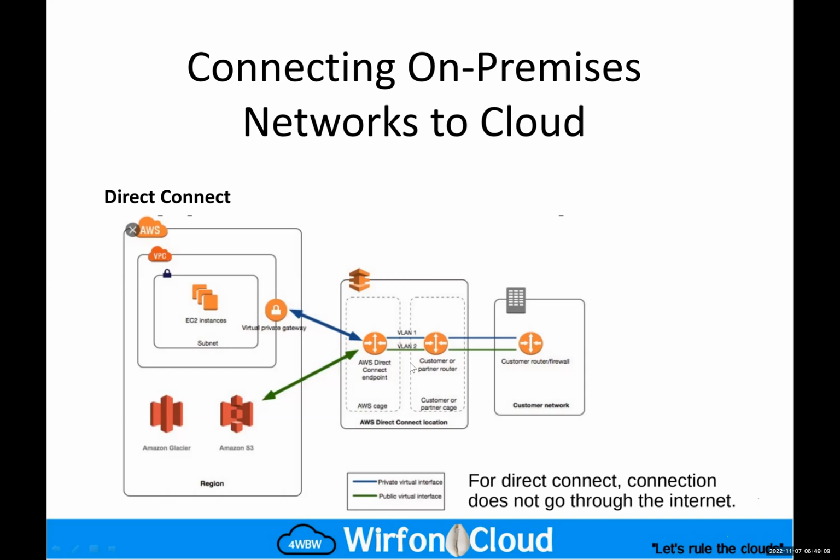But for now, just know that you can use a site-to-site VPN to connect your data center to the cloud, or you can use a direct connection to establish a faster connection or a connection isolated from the internet.